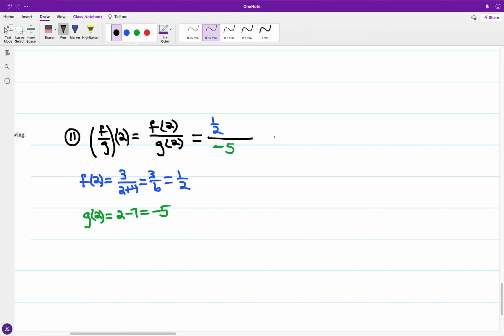Just for the view here, I'll stretch this out a bit. So you have 1/2 divided by -5.